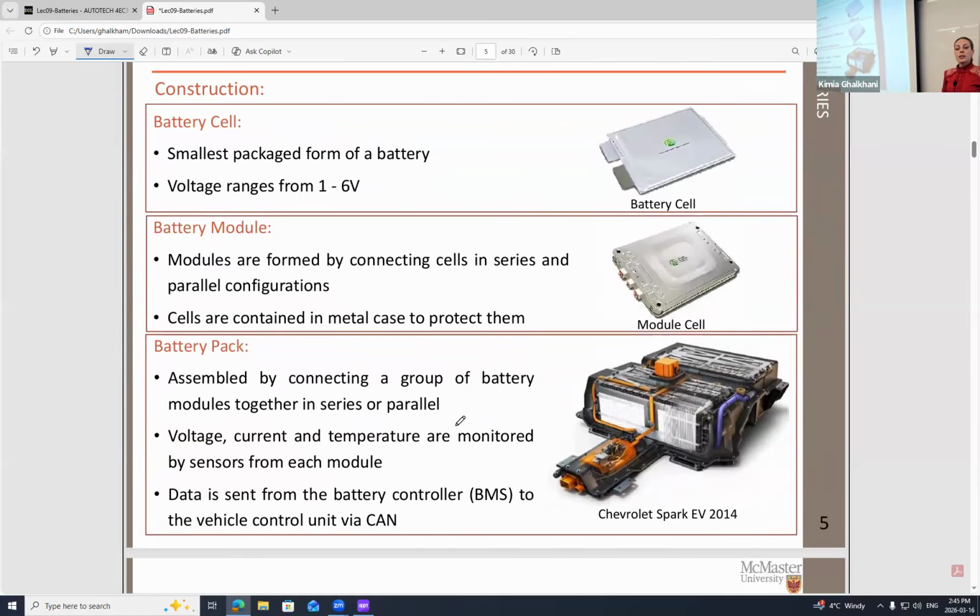Some of you already, again, I'm going back to the example of your cell phone or laptop. Not the current versions of cell phone or laptop, maybe an older version.